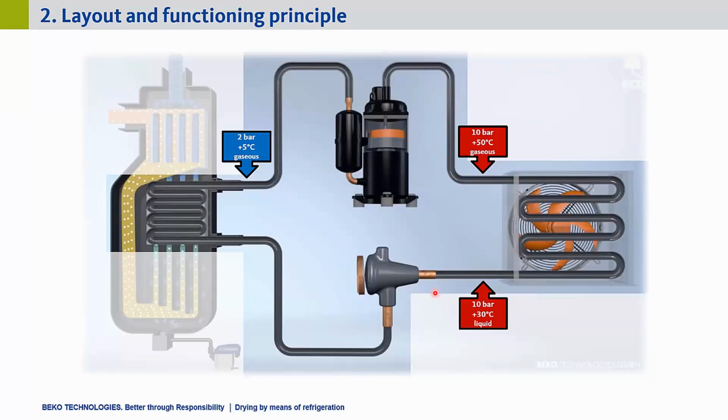Pressure drop means we lose pressure, and expansion always means cooling. Exactly the counter effect to temperature increase when you compress something. So behind the capillary tube now, we are at 2 bar, and now roughly 2 degrees Celsius, and still liquid, of course, because we only changed the temperature, but we didn't raise it.